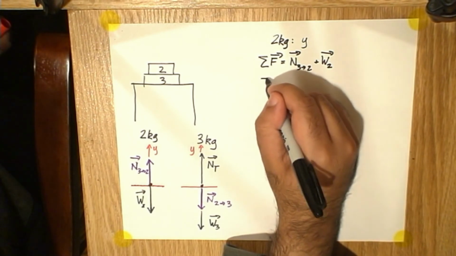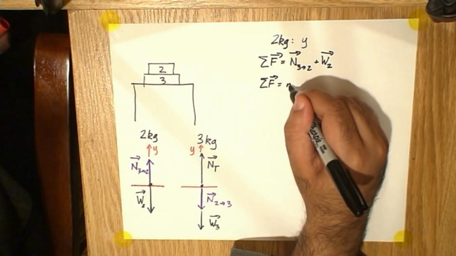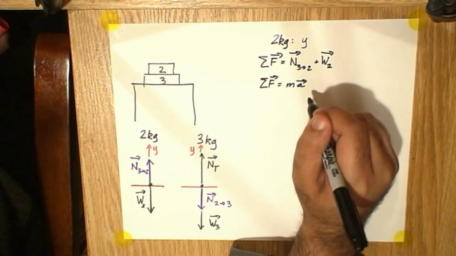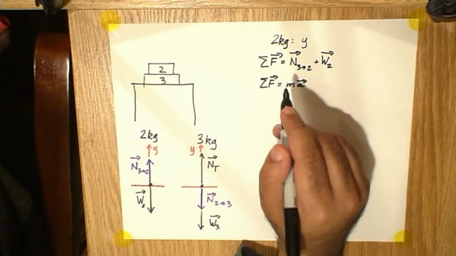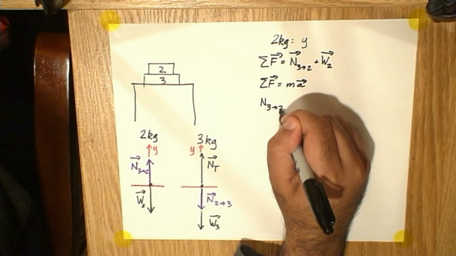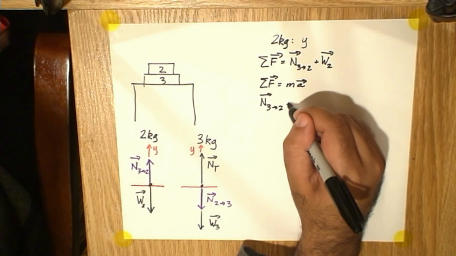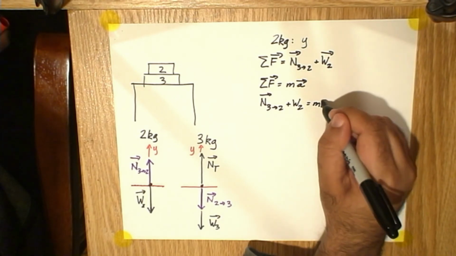Now, the total force on an object is always equal to mass times acceleration. So, when I combine these two, I get the normal force of 3 on 2 plus the weight force of 2 is equal to mass times acceleration.